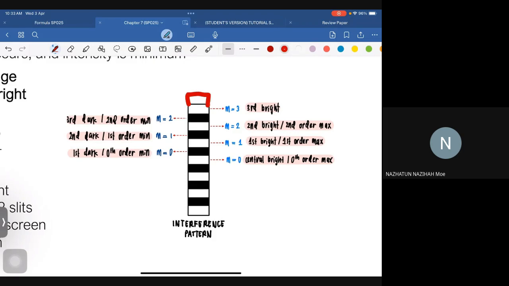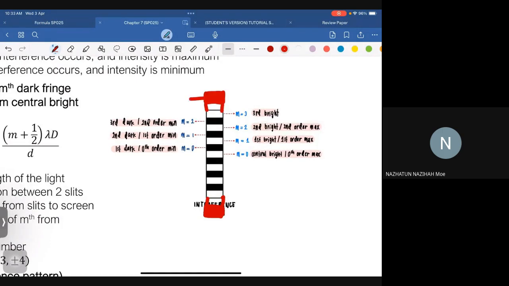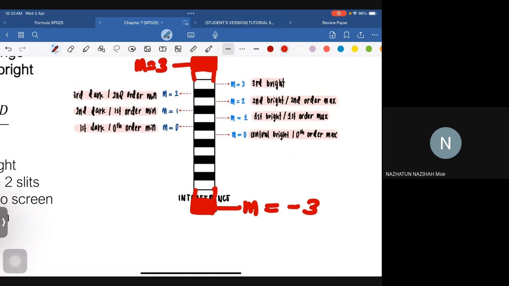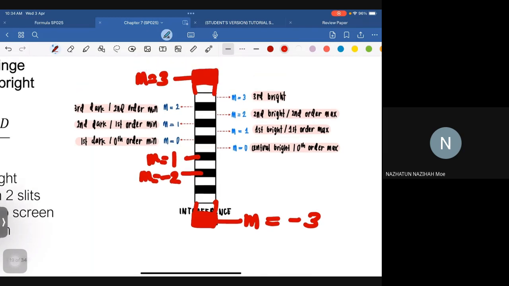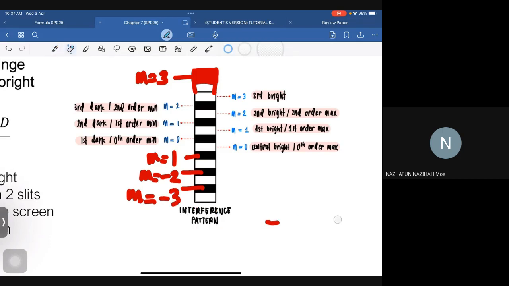Second order. This is bright. This is dark. Okay. This is bright. This is dark. Okay, so now we have m equal to 3. This is m equal to negative 3. You must remember we have positive values and negative values. So if this is zero, this becomes m equal to negative 1, m equal to negative 2. Oh, it reaches m negative 3. Wait, let me add here. Okay.